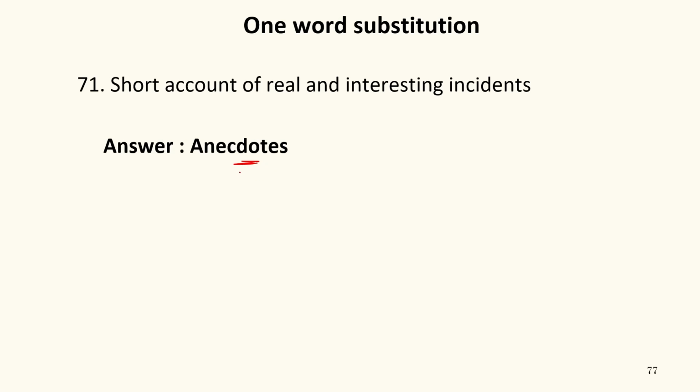Now, there are several other genres as well. For example, we have biography, we have autobiography, we have memoir. Now, what are these? Biography, when a person writes a life account of another person, that is known as biography. When a person writes his own life's account or his personal details of his life, that is called autobiography, by himself.